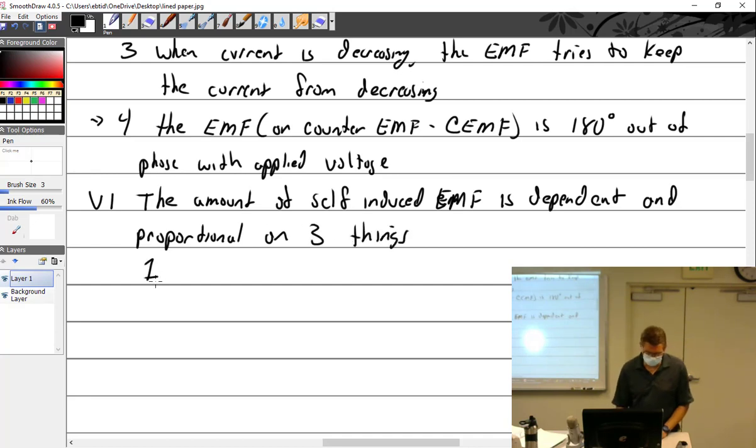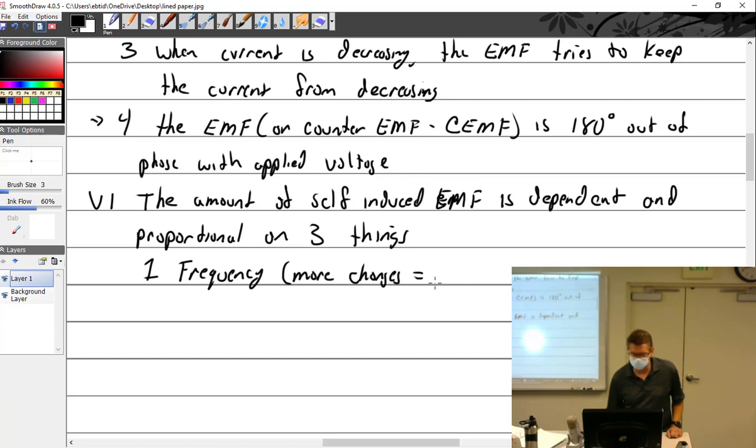And those three things are, one, talking about AC, frequency. So more changes equals more EMF.